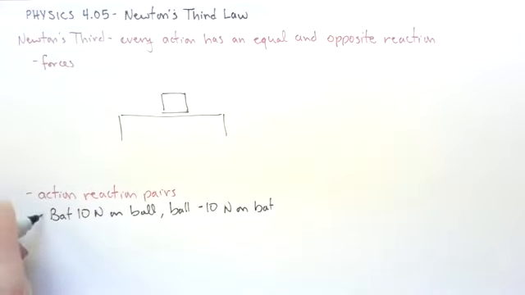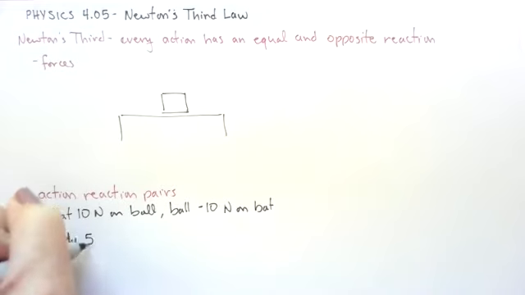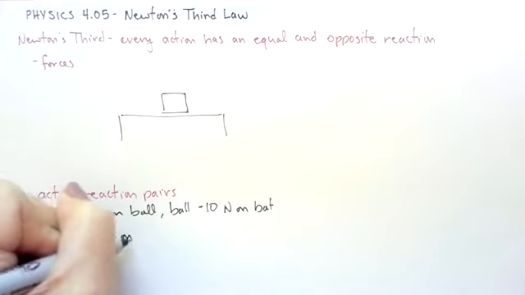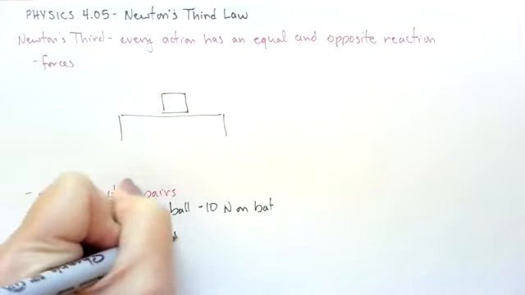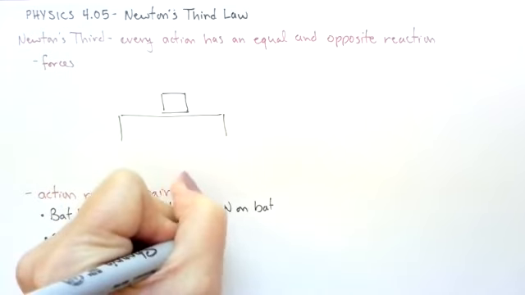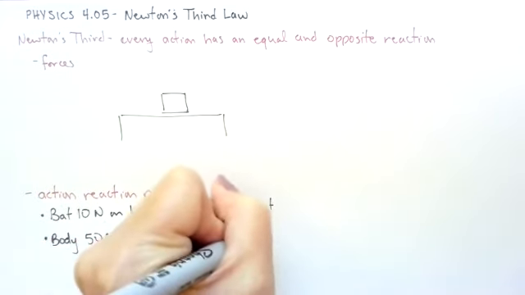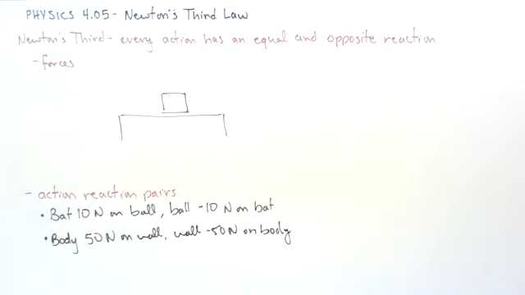If a body, because you're running, does 50 newtons on a wall, the wall does negative 50 newtons on the body. So that's pretty simple, but we have to consider something. For these action-reaction pairs, I'm going to use colors: blue will be one action-reaction pair, and green will be the other.